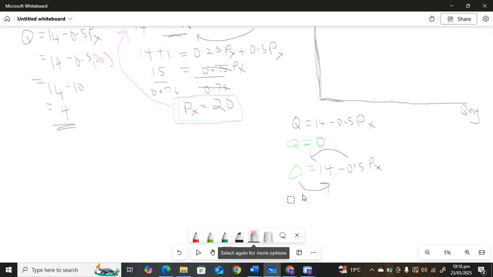So it becomes 0.5 Px equals 14 minus 0. Since we've taken this 0 to this side, 14 minus 0 gives us 14. Then we divide both sides by 0.5.